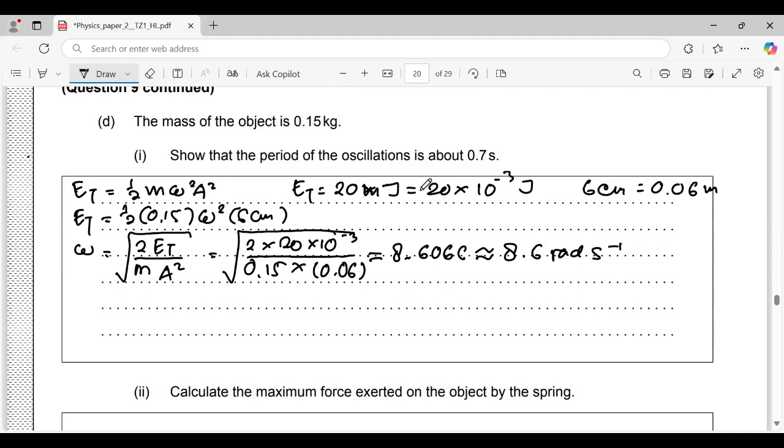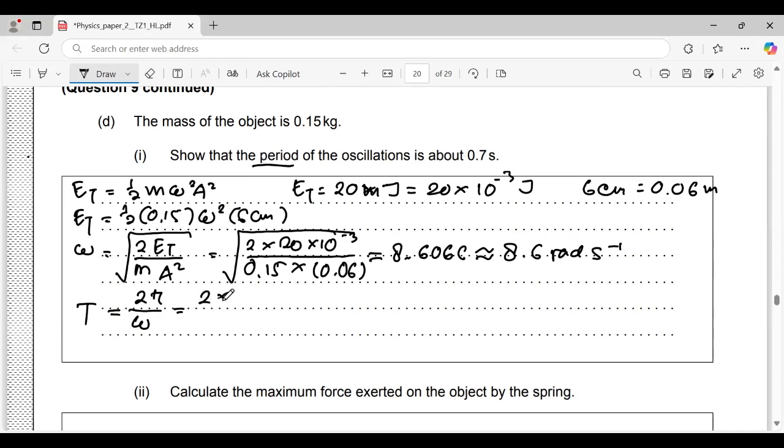Now we're going to find the period. Period is T. T equals 2 pi over omega, right? 2 pi over omega.